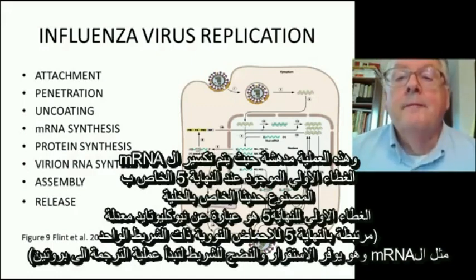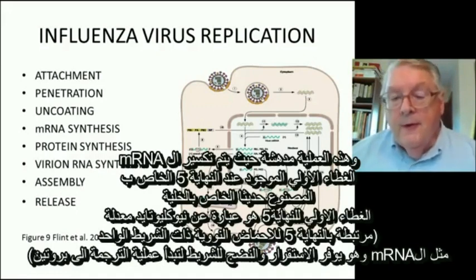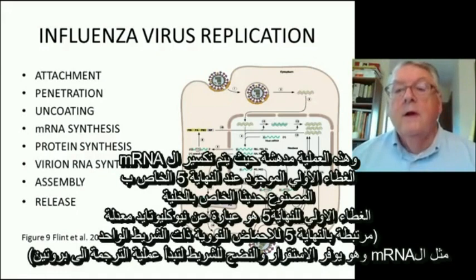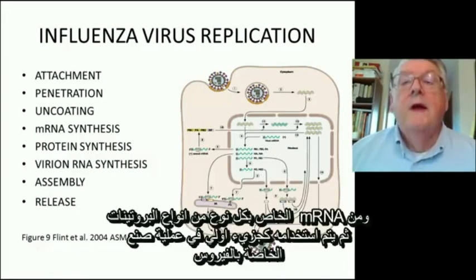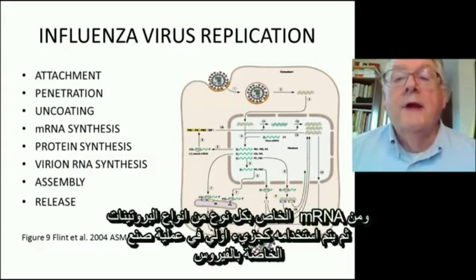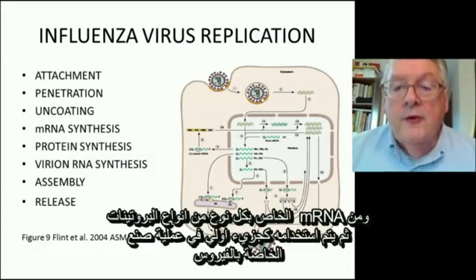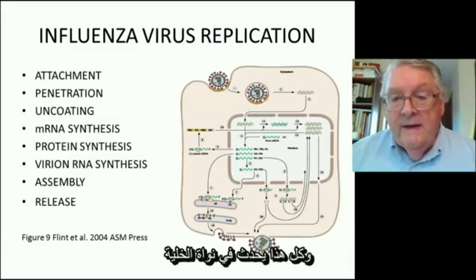The 5' cap of cellular newly made messenger RNA is cleaved off, and that's used as a primer to make messenger RNAs for each of the 8 or 10 proteins of the virus. And those are all made in the nucleus.